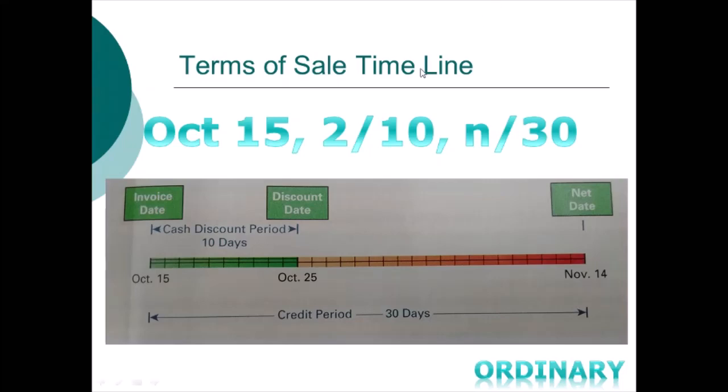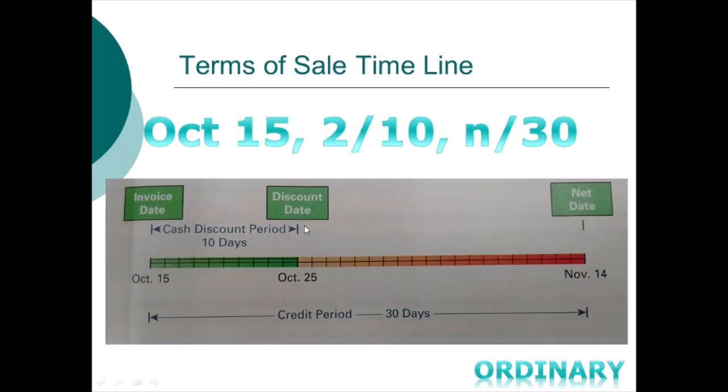The terms of sale timeline for October 15, 2/10, net/30. The invoice date is October 15. The buyer is given 10 days to enjoy a discount of 2%. So from October 15 to October 25, if he settled the amount due, he can enjoy the 2% discount.